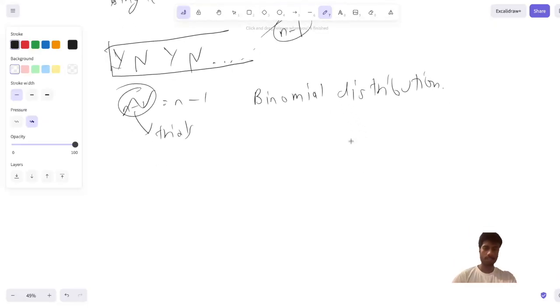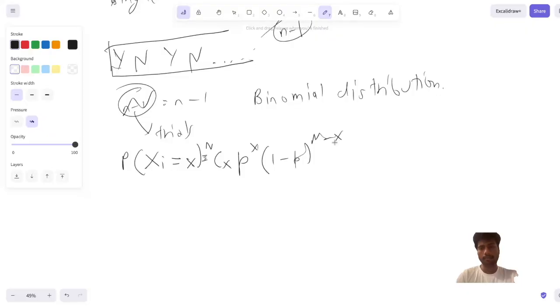And in binomial distribution, for that random variable x, we have P of x equals small x. The formula is N choose x, p to the power x, 1 minus p to the power N minus x.